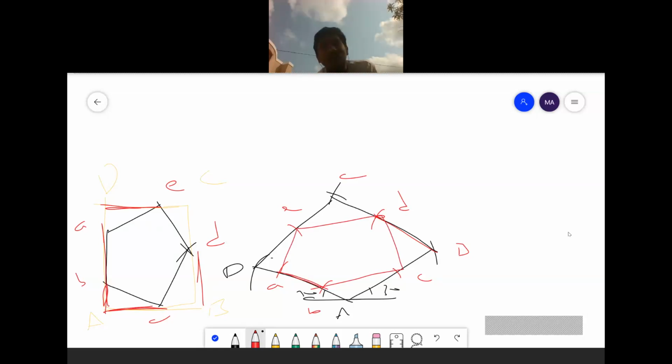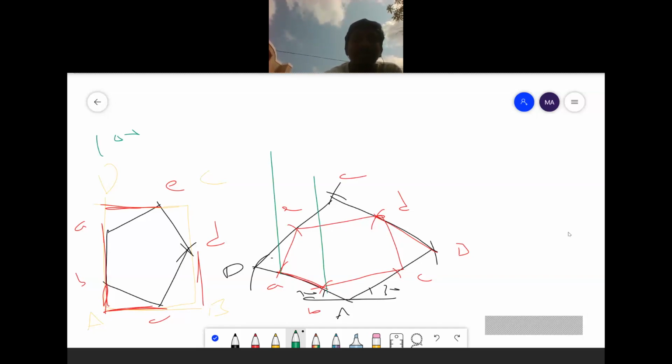After that you can draw the axis of the pentagon in two ways. One way is directly: the given height is 100 mm, so I can extend from A 100 mm, from B 100 mm, from C 100 mm, from D 100 mm, from E 100 mm.